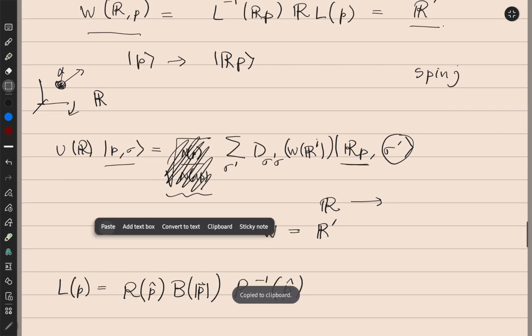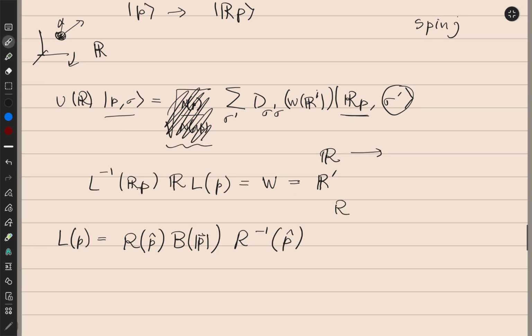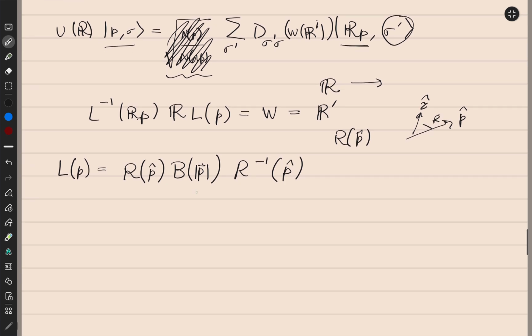This is my R prime, which I want to prove that it is actually R. And finally this R, this simple R, is a rotation that brings z cap to some direction p cap. This is that rotation, okay? And this is just the boost.